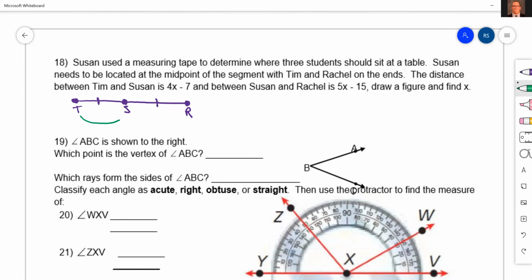So Tim to Susan is 4x minus 7. Between Susan and Rachel is 5x minus 15. Draw a figure. We already did that. And find x. So that's our goal now. Find x.